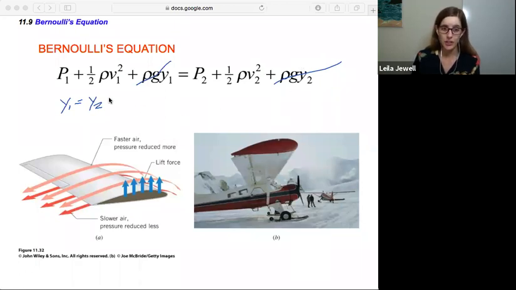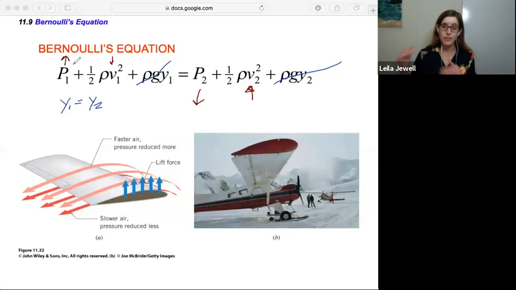If the velocity goes up, if it is going faster above, then to keep the relationship constant, the pressure is going to have to drop. It's a lower pressure above. Similarly, if the velocity is slower below, then the pressure is going to have to be higher to keep everything balanced.